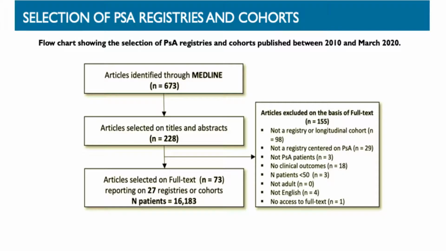And of course, our protocol was also registered on PROSPERO. We found initially 673 abstracts. And then we were 3 persons to select the relevant papers on titles and abstracts, and then on full text. After this selection strategy, we finally found 73 papers that reported on 27 PsA registries and cohorts.